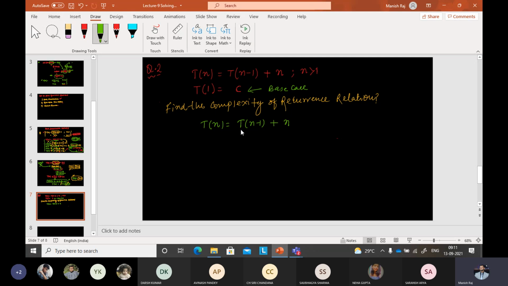So first I will try to find out the value of this. I can divide this part into Tn-2.